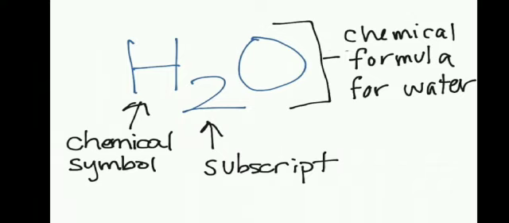Here, next to H we see a number 2. It is called the subscript. The number present beside the symbol of an element is called the subscript. It denotes how many atoms are present of that particular element.